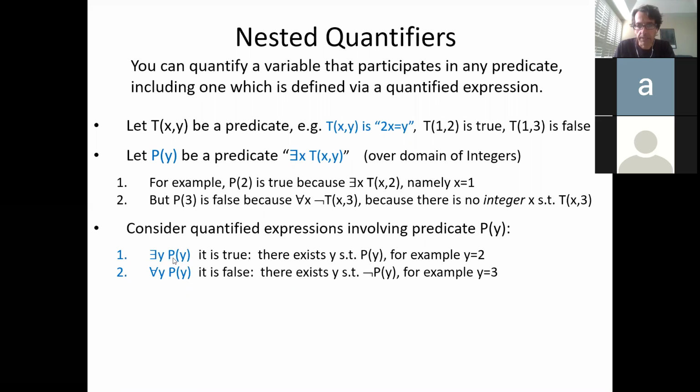But since P of y means that y is even, the statement there exists an even number is true. And we already know that, well, yes. So 2 is an example, 4, 6, any even number is an example.